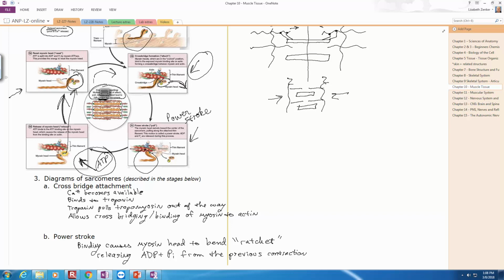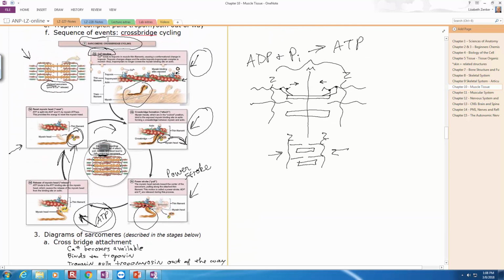So, all right. The other thing is they're showing you a picture: this one is a relaxed sarcomere. Okay? So you can tell the difference, this one in the middle is a picture of a contracted sarcomere. Do you want me to erase all my circles on there so they're not so confusing? Maybe?